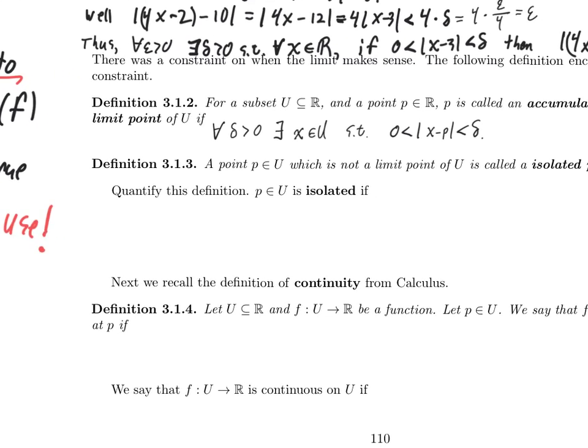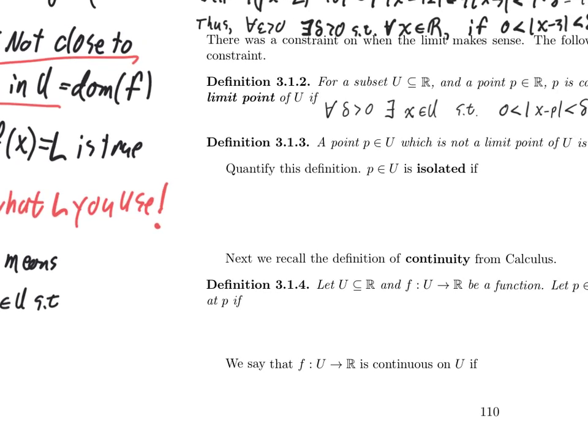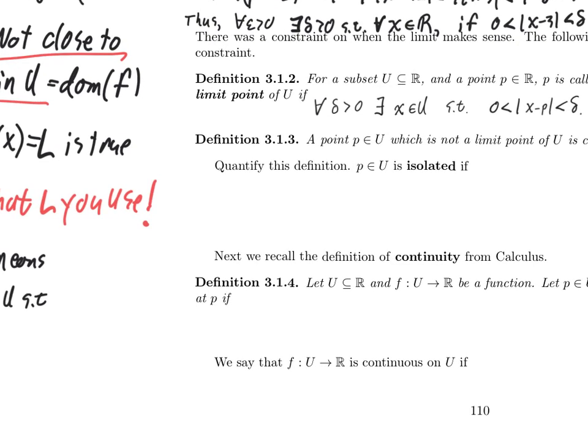So it means not this: not for every delta bigger than 0, there exists an x in U such that, and I know previously it was written as 0 is less than the absolute value of x minus p is less than delta, but in order to make it easier to negate, I'll write that down as two inequalities.